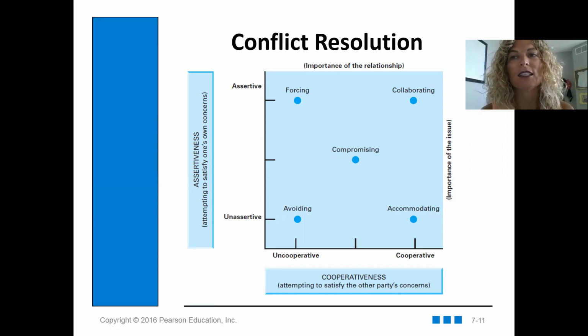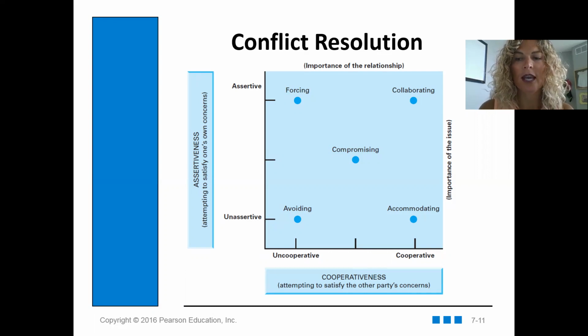All right, so ideally you'd be able to answer that question. So, high concern for others would get us to the high cooperativeness, and a high concern for myself would indicate that I'm assertive, and those 2 points would meet at a collaborating strategy. Okay, so make sure that you can identify a particular strategy based on those descriptors. All right, so we'll just go through each of them one by one.